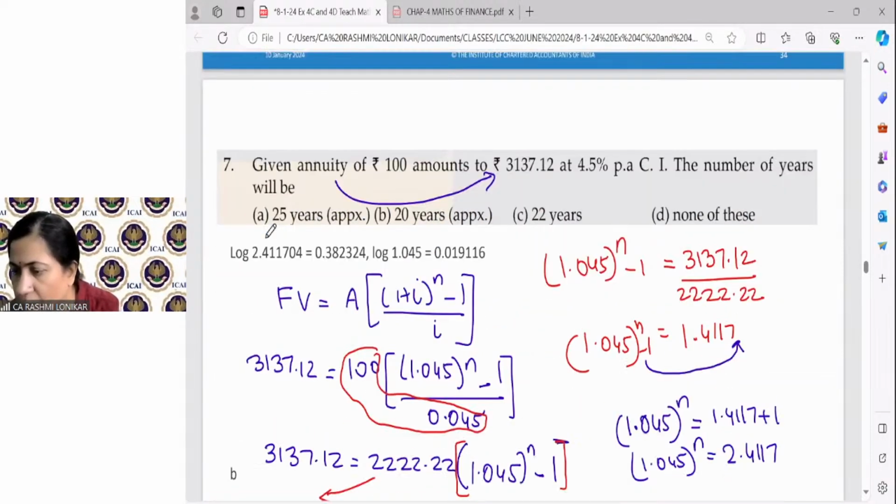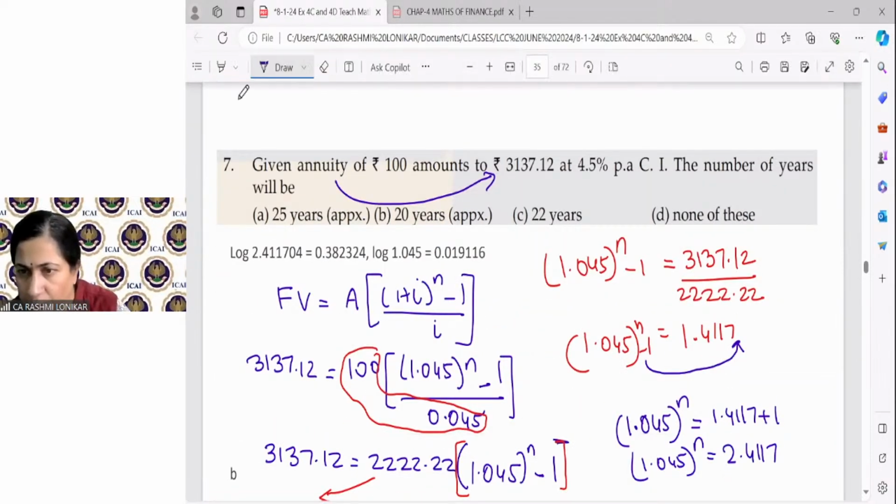1.045 raised to n is equal to 2.4117. Taking logs on both sides, what will I get?